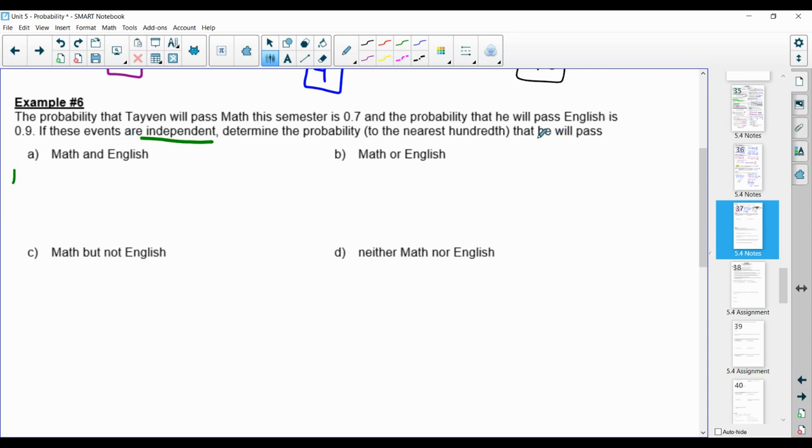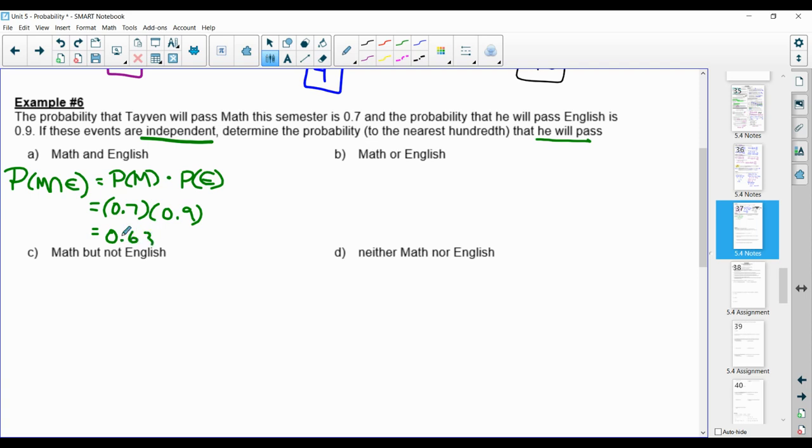So the probability of math and English. Well, that's going to be the probability of math times the probability of English, because we're told these are independent events. So the probability of passing math is 0.7. The probability of passing English is 0.9, and we have 0.63.